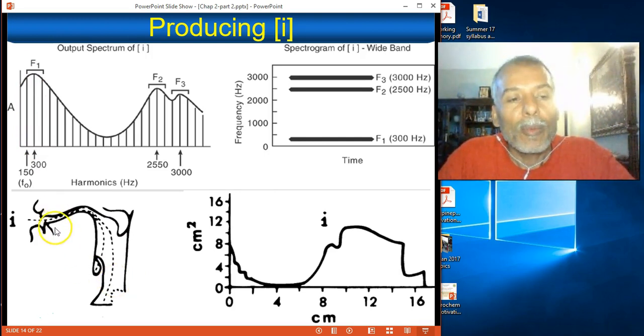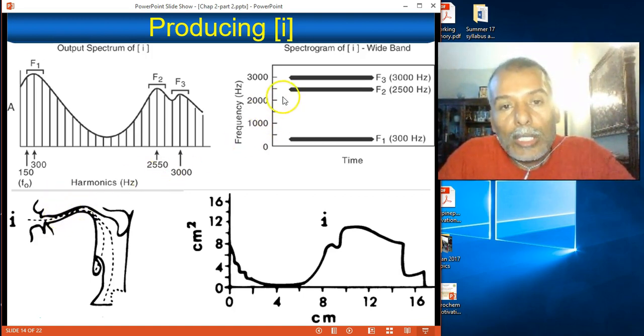The second formant is across from the oral cavity here, from the alveolar ridge. Now the tongue has filled most of the space. There is not much room there. What do you think? How do you think F2 is going to be? And why? I'll let you answer this question.